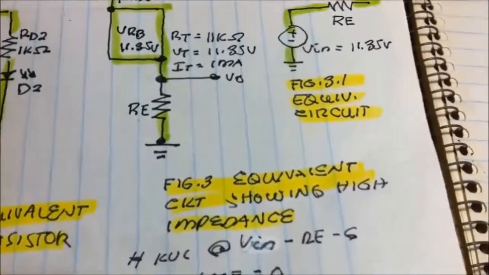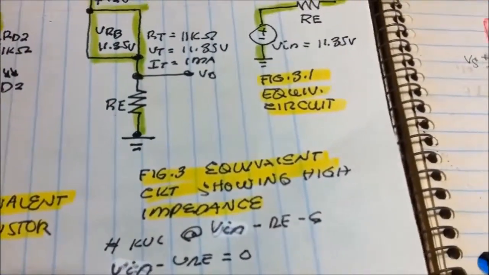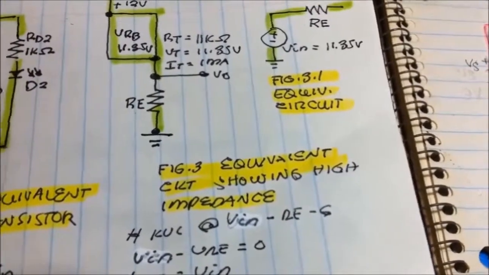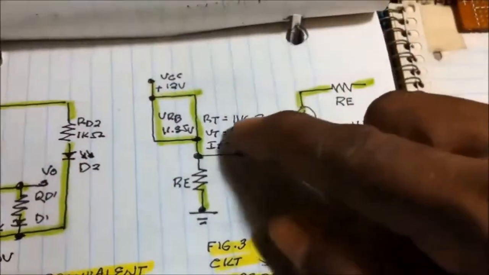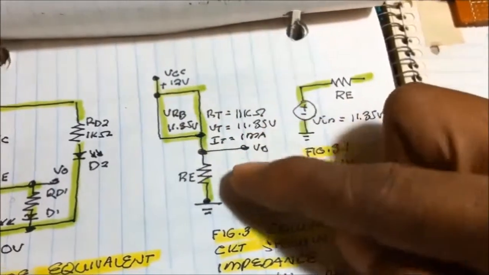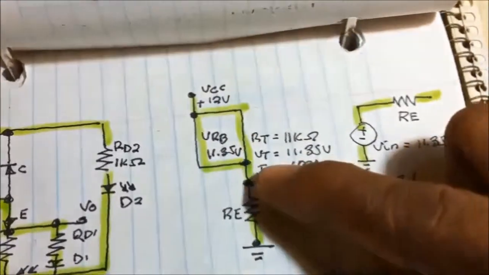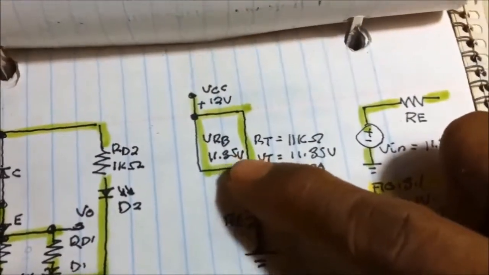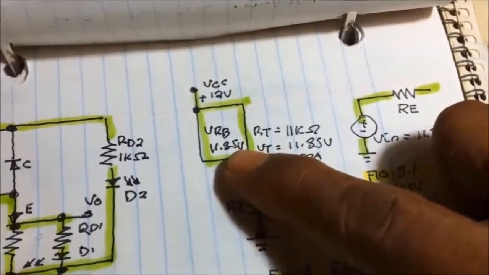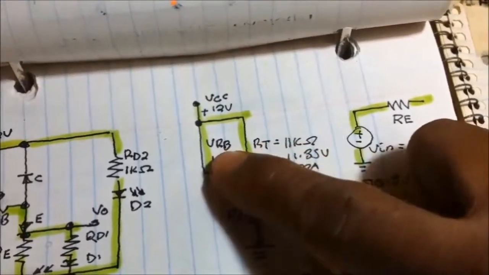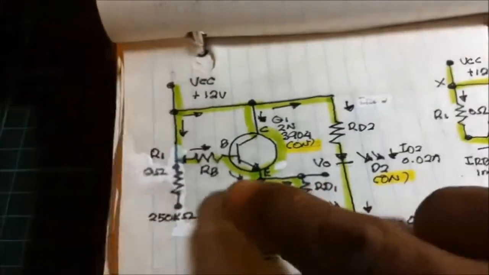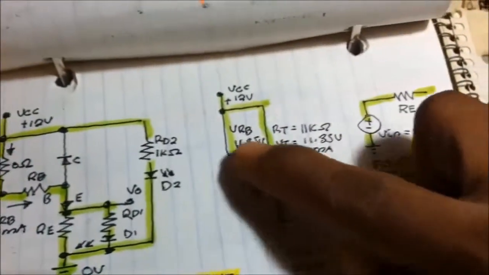Let us now consider this figure, the equivalent circuit showing high impedance. So as you have seen here, this is now our load. This is now the input voltage. And we computed that, 11.35 volts, that is appearing into the base resistor.